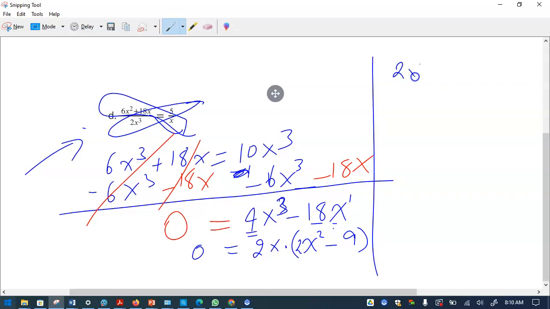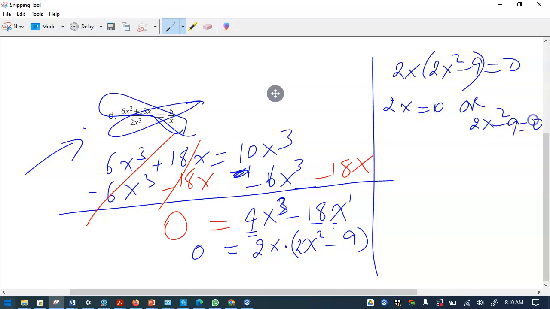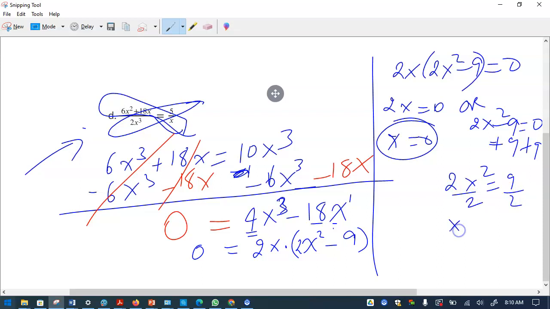That means it is 2x times 2x squared minus 9 equals 0. So either 2x is 0 or 2x squared minus 9 is 0. So x becomes 0. For the other one you have to add 9 to both sides, so 2x squared is 9, and then divide by 2, we get x squared is 9 over 2.